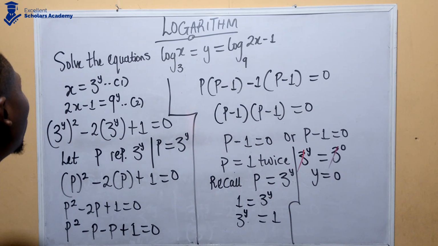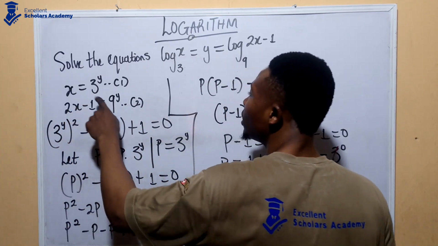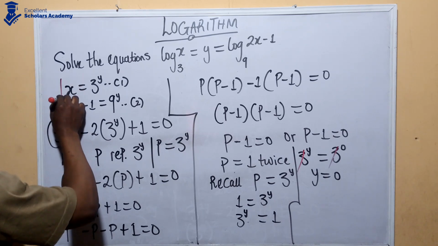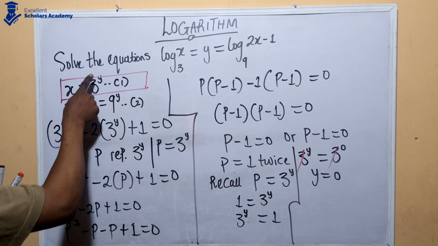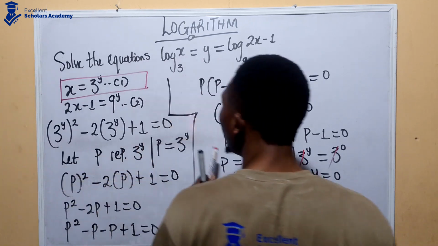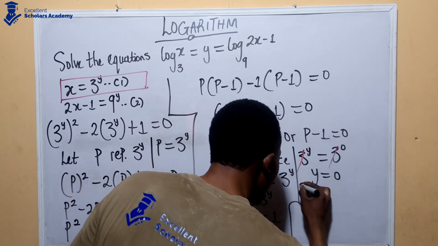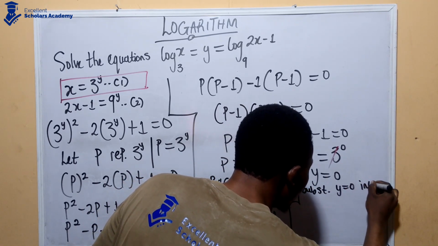Now you have to find the value of x too. Recall from equation 1 that x is equal to 3 to the power of y. So substitute y is equal to 0 into equation 1.